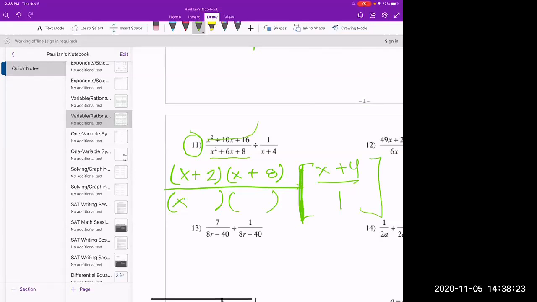So what was it? You have x on the outside, and then what do you times x to get x squared? X. Good. Okay. Now the same question you have to ask. What two things that you have to multiply gives you 8, but when you add them, gives you 6? Can you do it mentally?